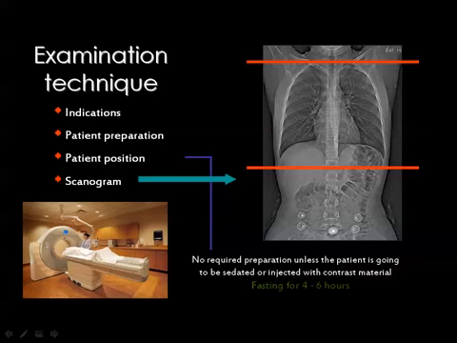Then we usually scan the chest of an adult every 1 centimeter and the chest of a child every 7 millimeter. And after doing this, the machine will ask you another question: would you like to inject the patient with contrast or not?